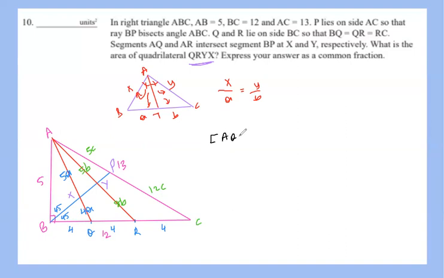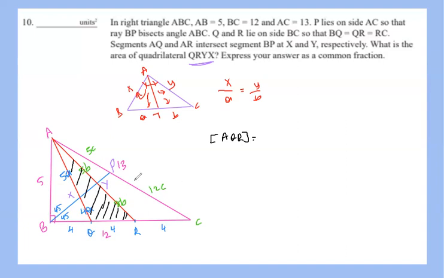So AQR. This is an obtuse triangle, because this is a right angle, so this has to be acute and this is obtuse. If I take this segment as my base, the height for this side is actually this 5.